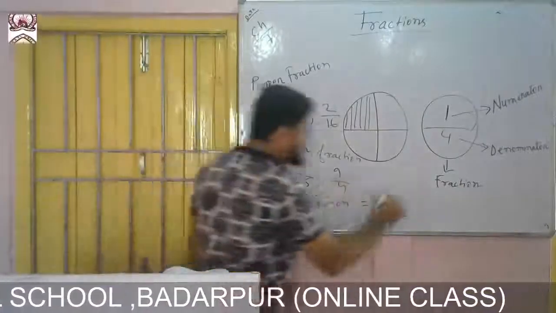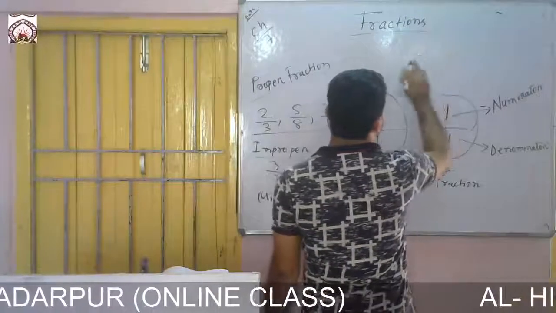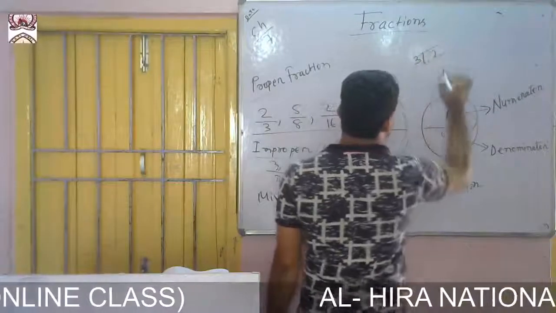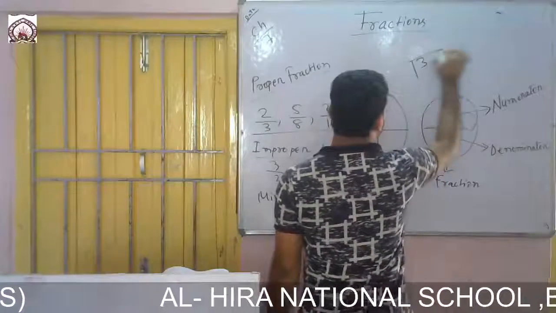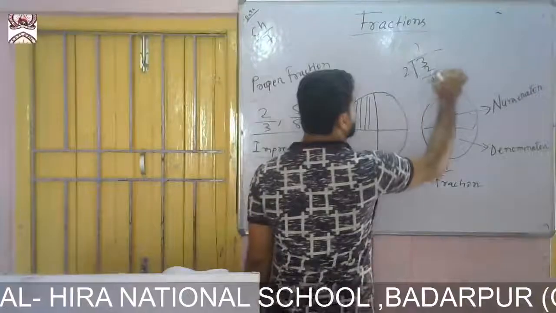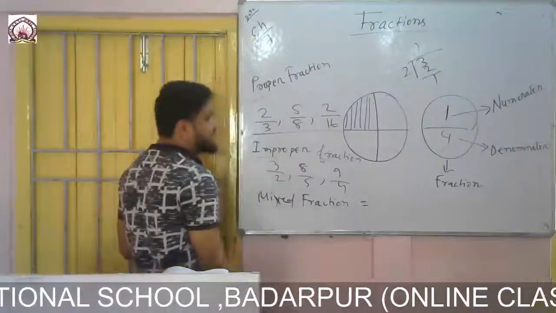Suppose 3 by 2. 2 ones are 2, remaining 1. So this one can be written like this.